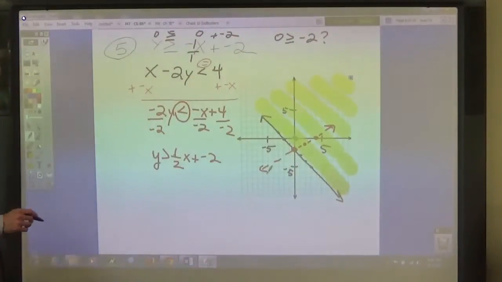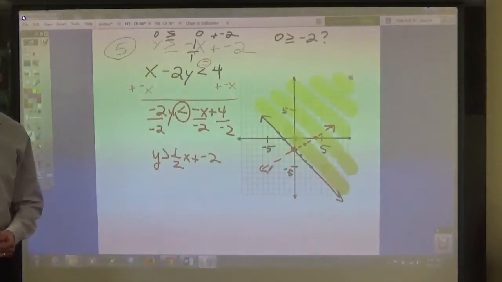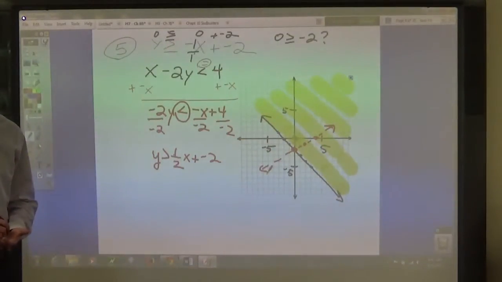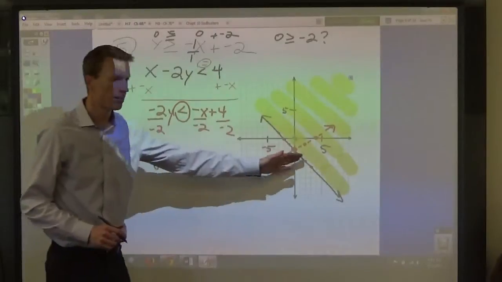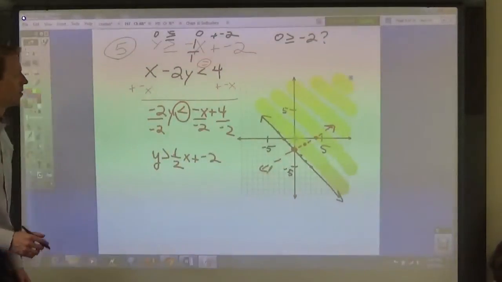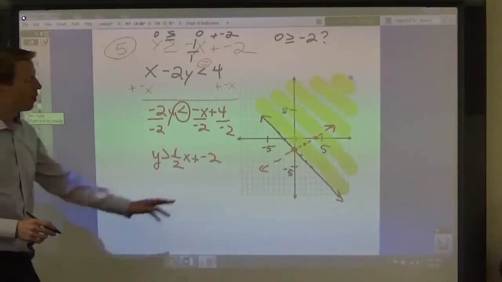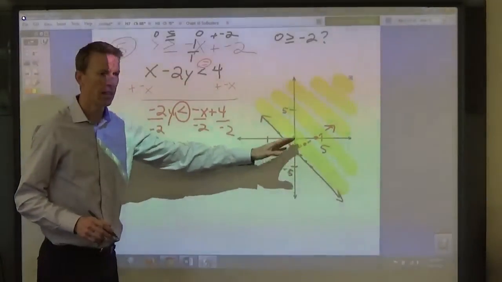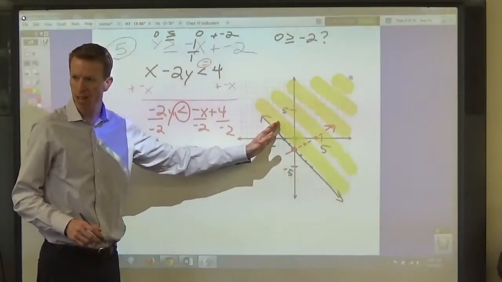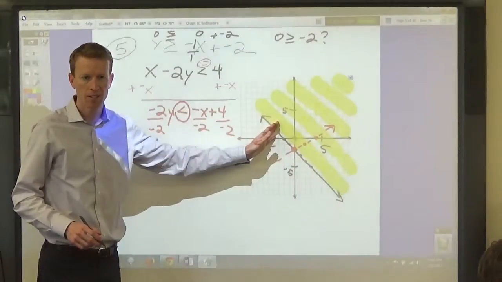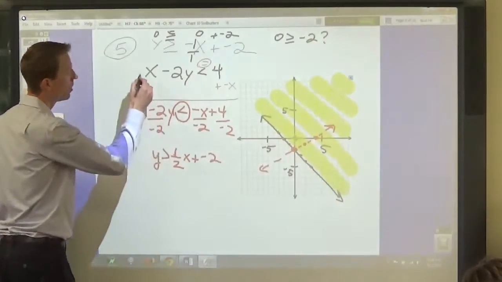And now, we're not done yet. What do we have to do? We still have to shade this. Y is less than. So can we use 0, 0 again? We can. Look, that's the upper left side of that line. So put 0, 0 into this equation.